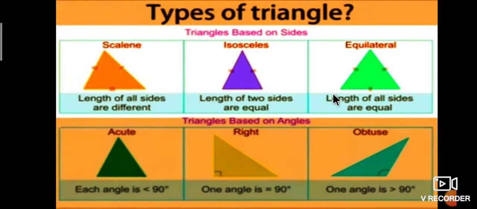Next, we recall once again the types of triangles. The triangles based on sides are scalene triangle, isosceles triangle, equilateral triangle. In a scalene triangle, the lengths of all sides are different. In an isosceles triangle, the lengths of two sides are equal.